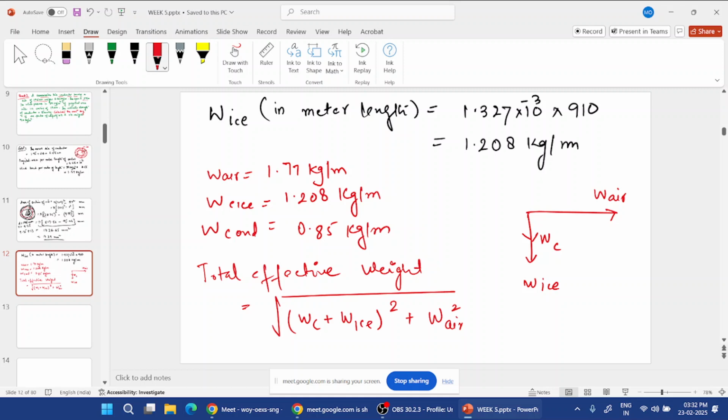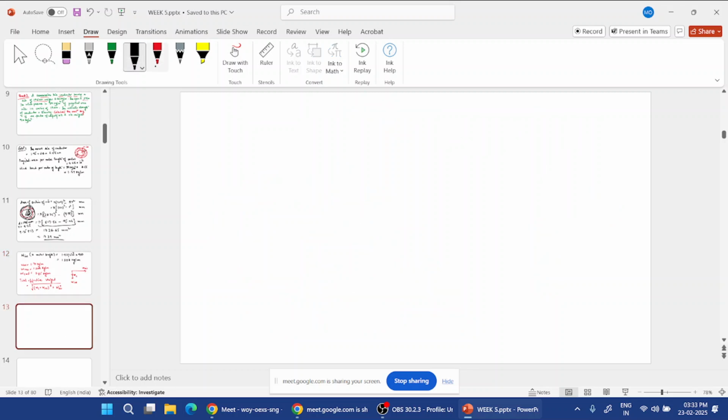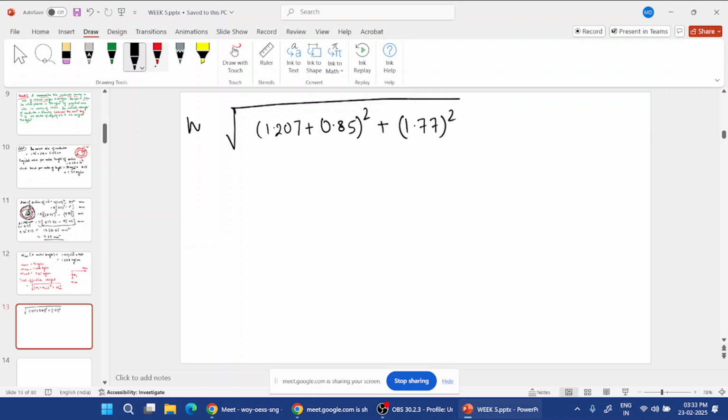So based on that, we are going to calculate this. W ice is 1.207, plus conductor is 0.85, whole square, plus 1.77 whole square. This is the effective weight.